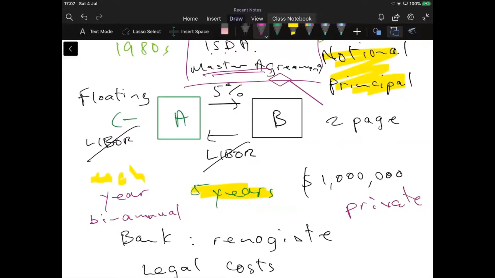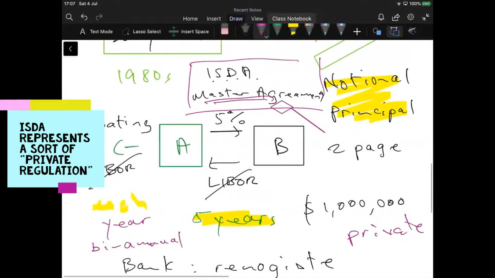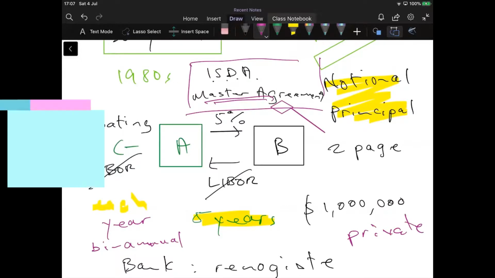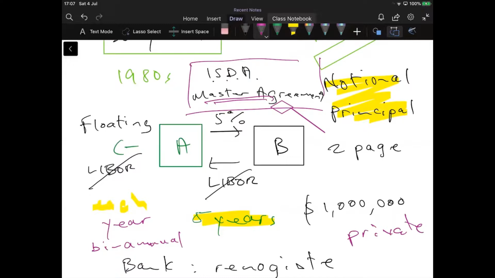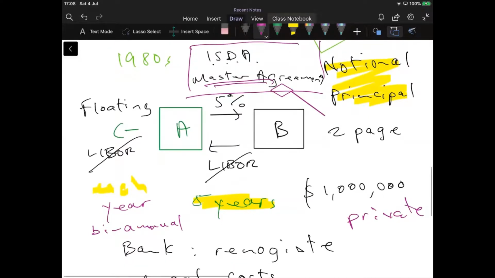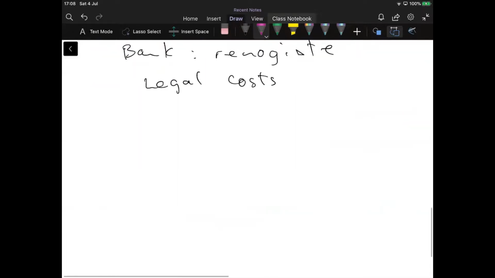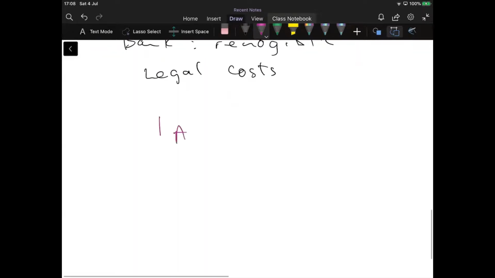So not a judicial body, but it would ensure that the master agreement is consistent with the legal framework of a given jurisdiction. And then counterparties, if they're in America or Britain or France, would not necessarily have to worry about the legal underpinnings of the contract.